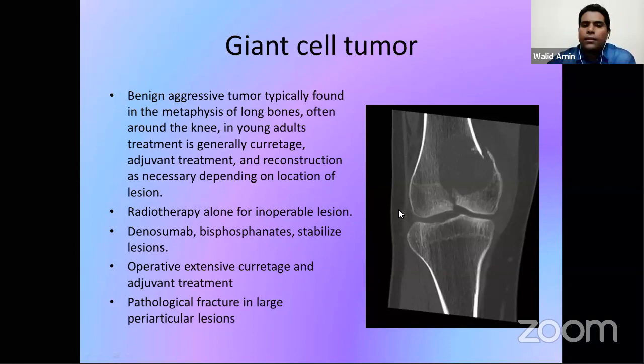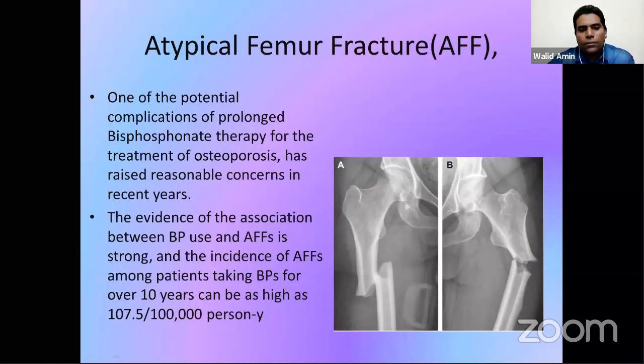This topic of atypical femur fracture is seen commonly nowadays, and it has many debates and still deficient data to judge its treatment. But we will speak shortly about it. This is one of the potential complications of prolonged bisphosphonate therapy for the treatment of osteoporosis, and has raised reasonable concern in recent years.